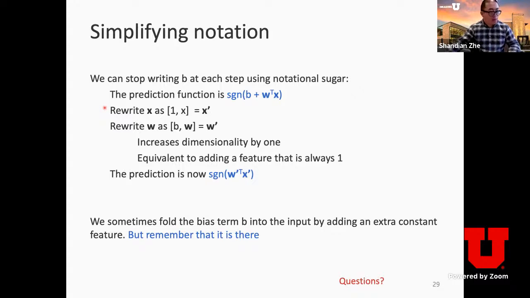Great. Okay, so let us continue with linear models. In the last lecture, we introduced the definition of linear classifiers, right? Basically, we define the prediction function as the sign of a linear classification function, which is a bias term b plus the inner product between a weight vector and the feature vector or input vector.